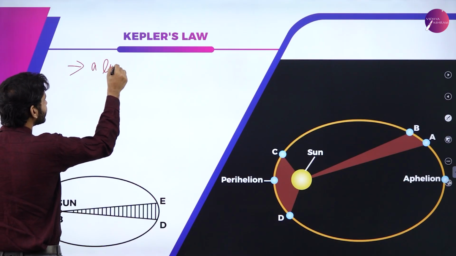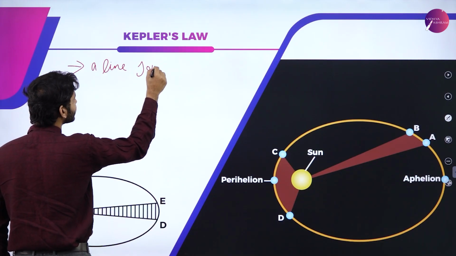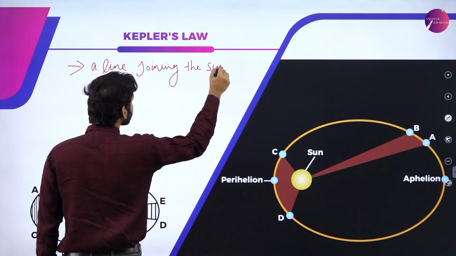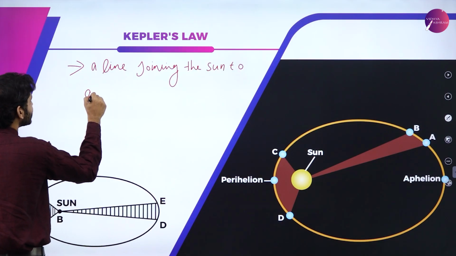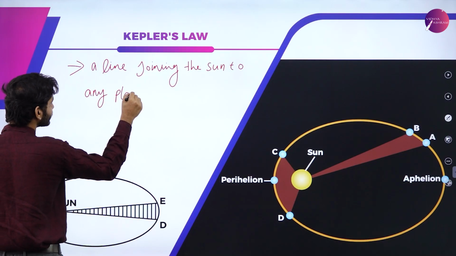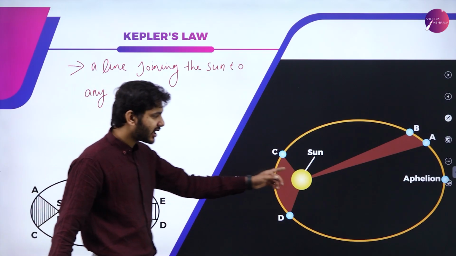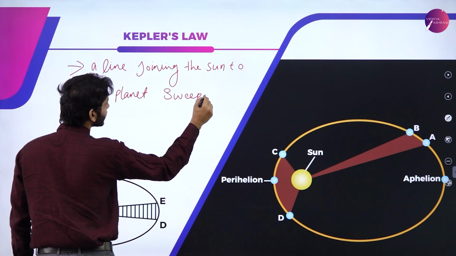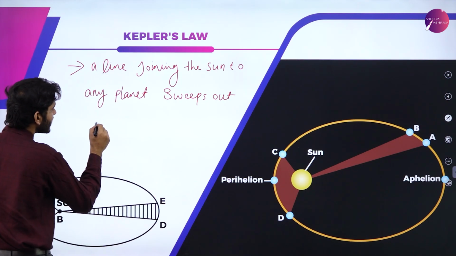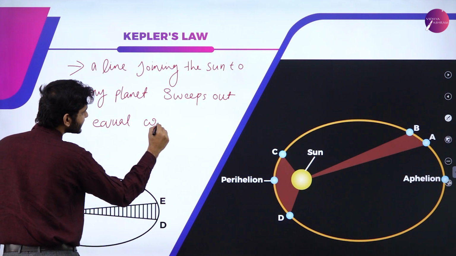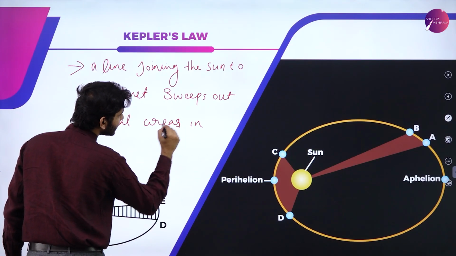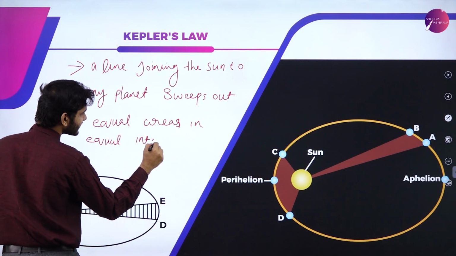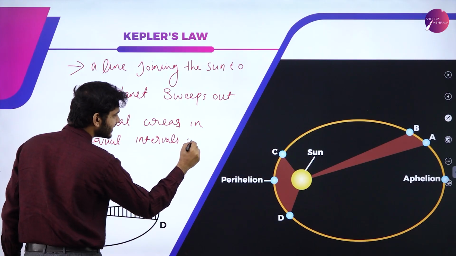A line joining the sun to any planet sweeps out equal areas in equal intervals of time.